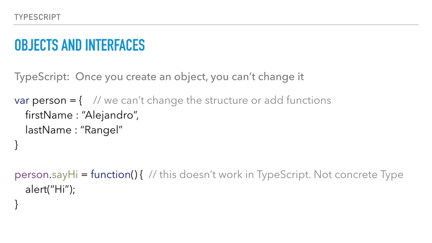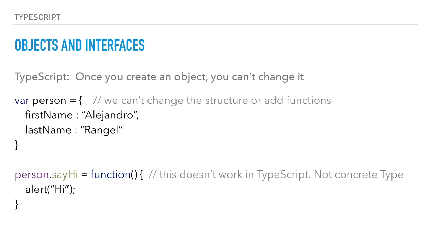There are many options for creating objects. You can see in the slide that we can create a JSON object with two properties, the first name and the last name. And after that, we add a function to the person. So yeah, that's not cool, man.